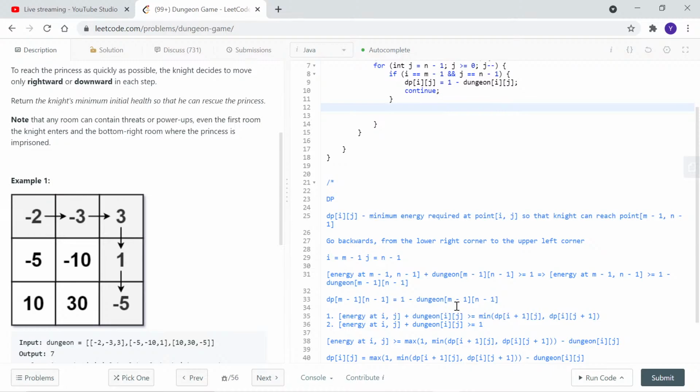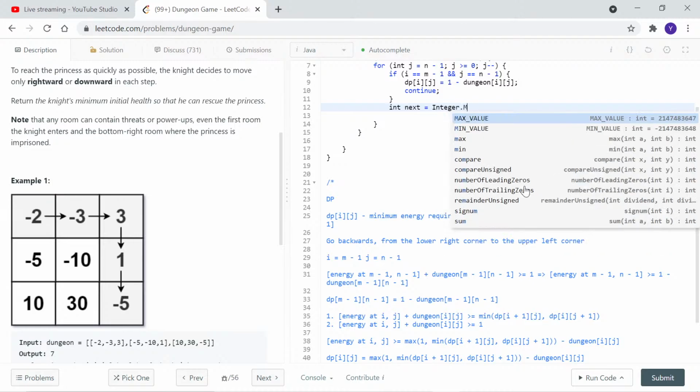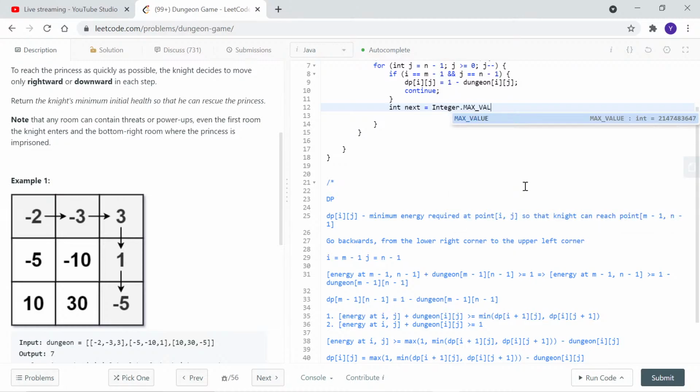Now let's do the calculation for the transition function. So we can define one value called next. We define this as a very large value, because we need to get the minimum.